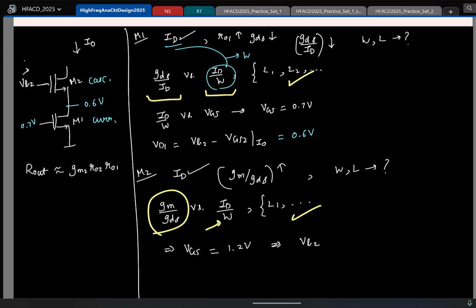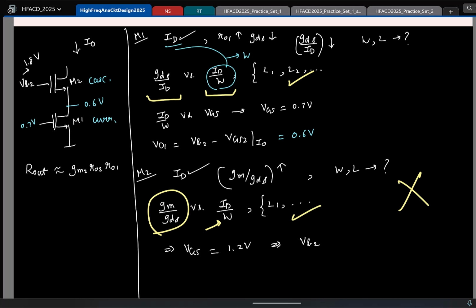Okay, my supply itself is 1.8. So do you think this is a better choice? No, because I know this drain voltage cannot go more than supply. It will be much smaller than supply, so this might not be in saturation. So this choice is not great.